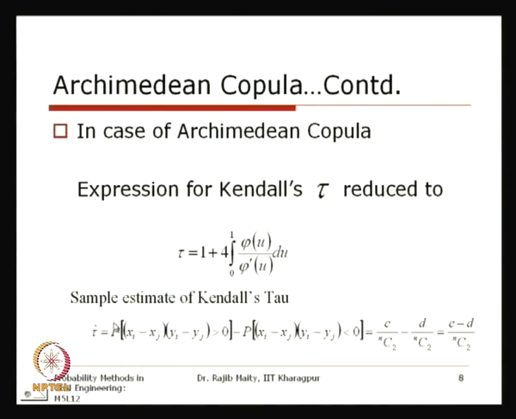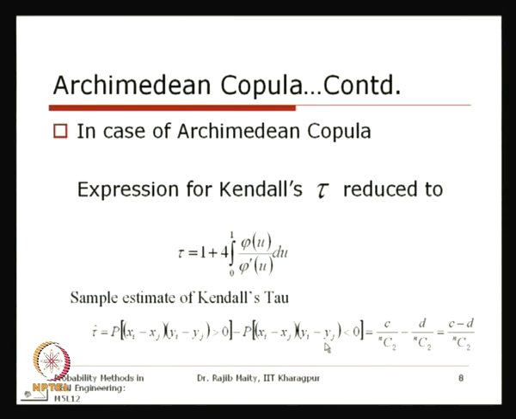Let me explain what it means through the first probability that we are talking about. This is the concordant pair. So, xi, yi and xj, yj are the two pairs of the sample, and if this relationship holds good, that it is greater than 0, then we say that it is a concordant pair, or if this relationship holds good, then we say this is a discordant pair.